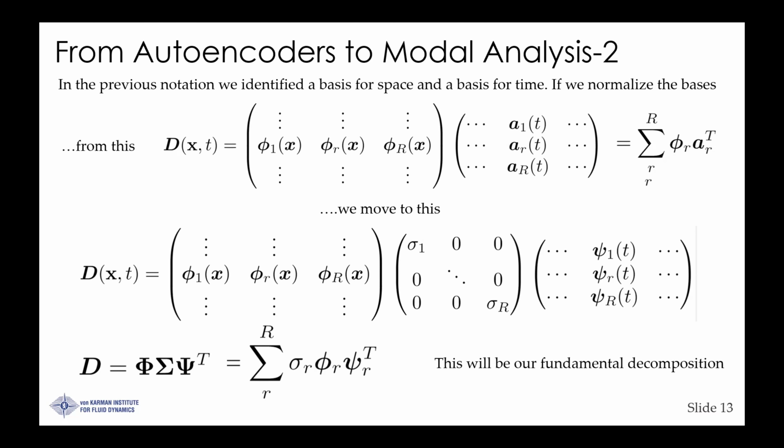If I transpose, this is 1 times N_T. So this is an outer product, and the size of this is N_S times N_T. This represents, if you want, the dynamic of one term of the basis, how it is evolving in time. And sigma tells us how important that dynamic is, so this would be a scalar for us. Is everything clear?